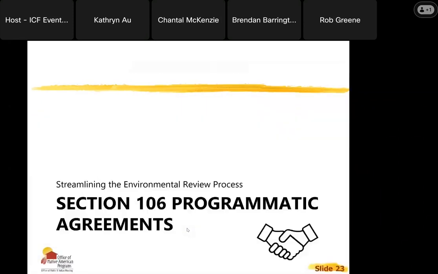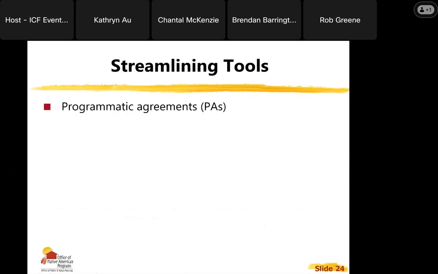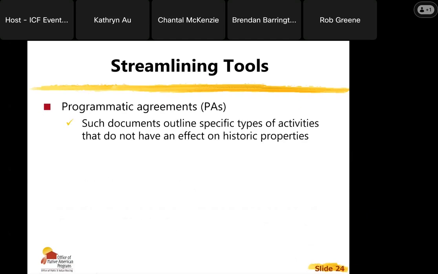Okay, well, that was neck and neck. Now let's move on to actually streamlining the environmental review process using Section 106 programmatic agreements. Again, streamlining tools, programmatic agreements are one of them. And they outline what types of activities will not have an effect on a resource.